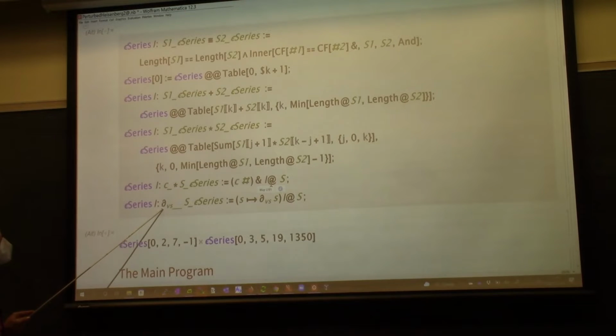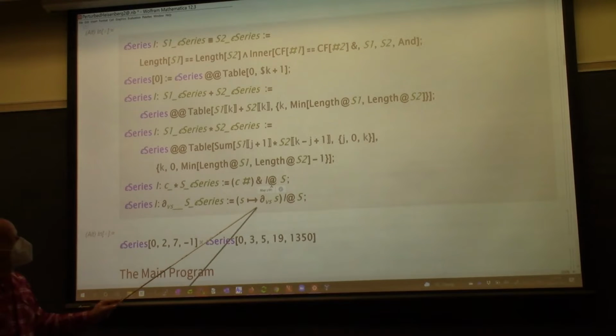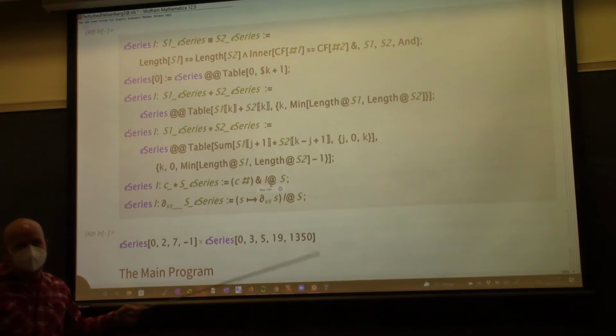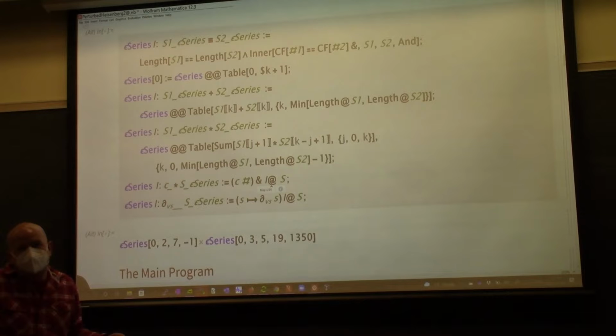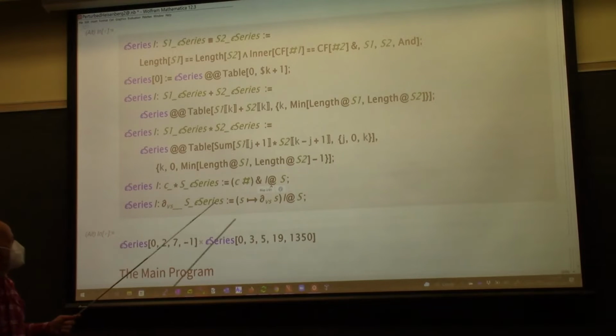So if you want to differentiate an epsilon series with respect to some variable, you just differentiate each of the coefficients with respect to that variable. I suppose the variable is not epsilon itself. So again, everything here is routine, but has to be done.